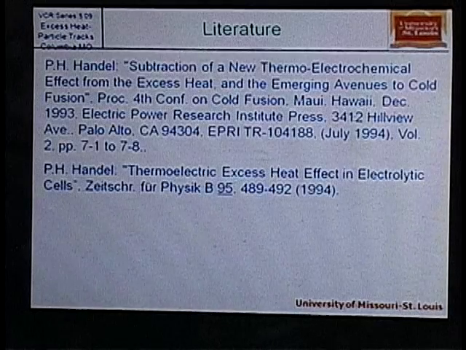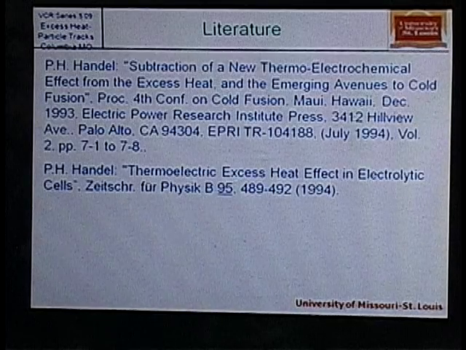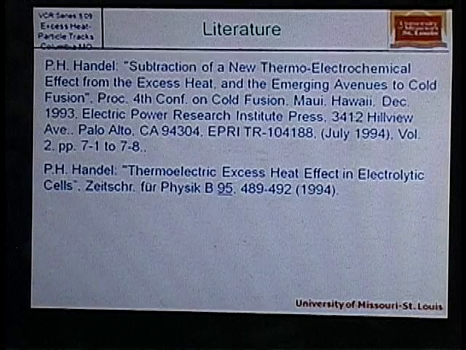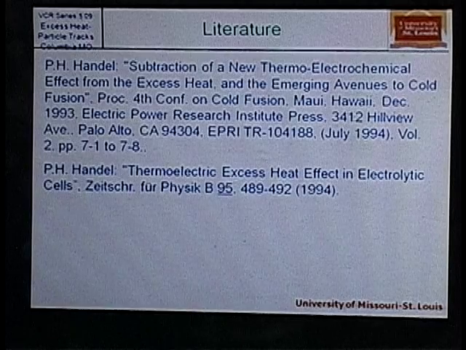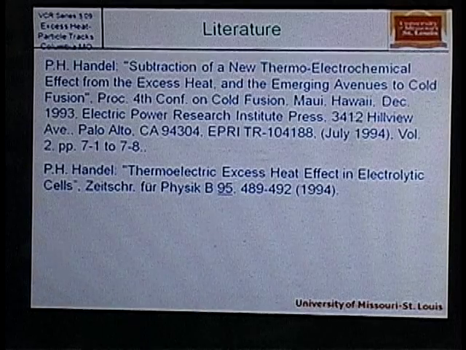But then in Maui I presented this, and in Zeitschrift für Physik I published in 1994 the detailed description that I'm giving you also here.